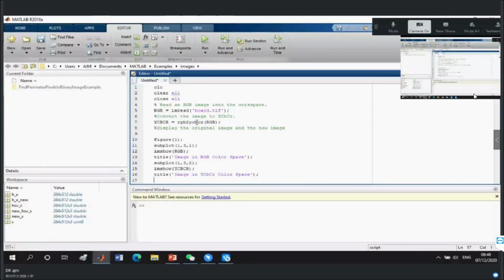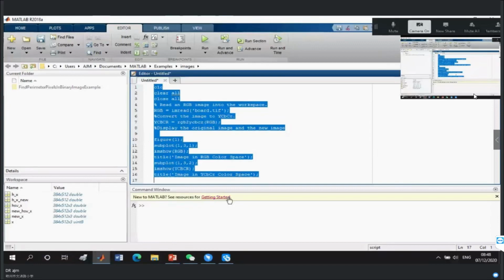First, I read the RGB from another image of a thief, because Roy also told me last time he needs some other input for the image. This time I try to work on a different image. Then we have the RGB to YCbCr function, which converts the RGB to YCbCr. Then I show the original one as well as the YCbCr model. Let us see.